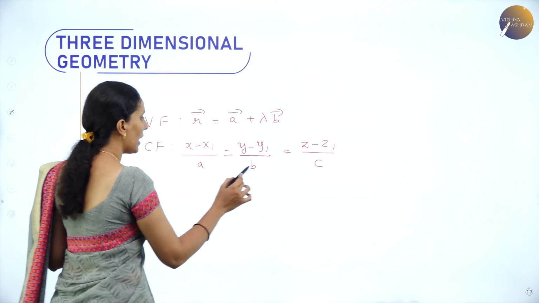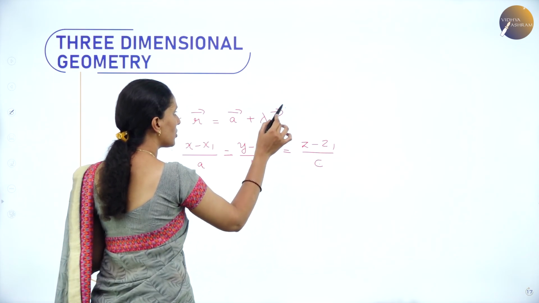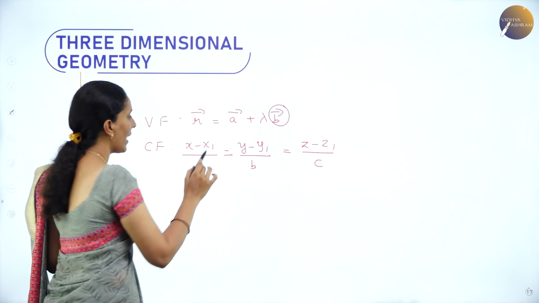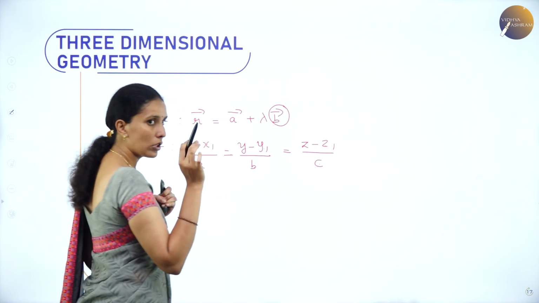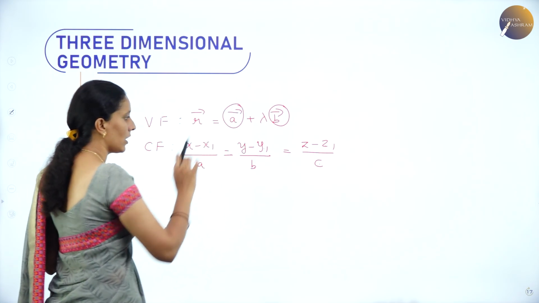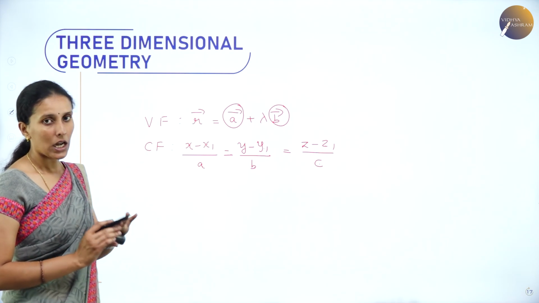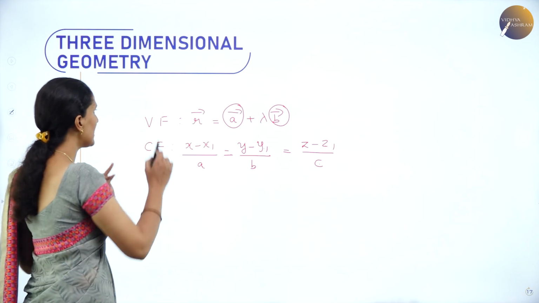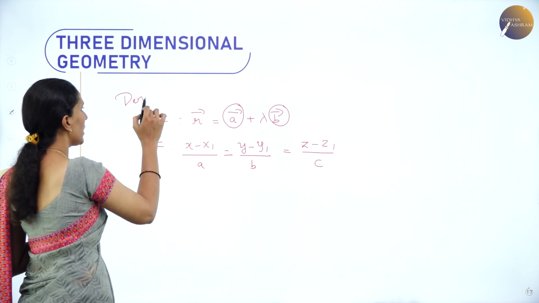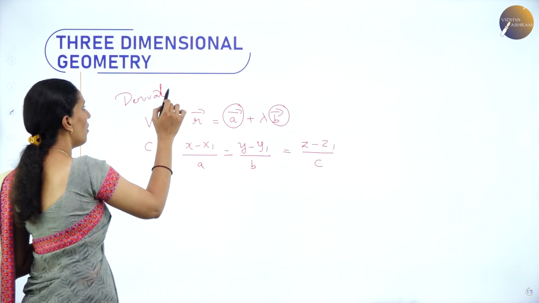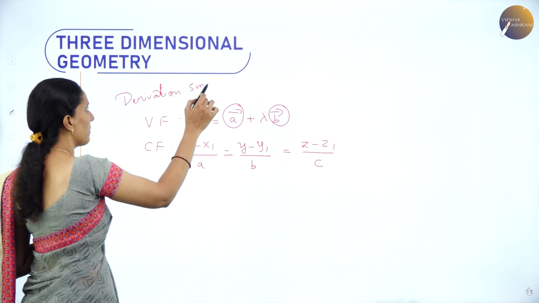Here a, b, c are the direction ratios of vector b, and x1, y1, z1 are the coordinates of vector a. So both can be expressed in vector form as well as the Cartesian form. And as I said, the derivation is very important for 5 marks in your examination.